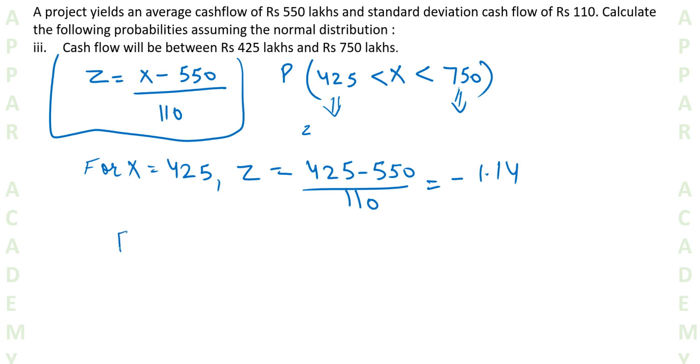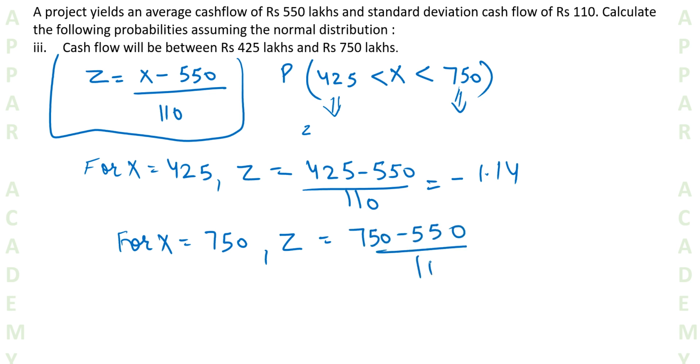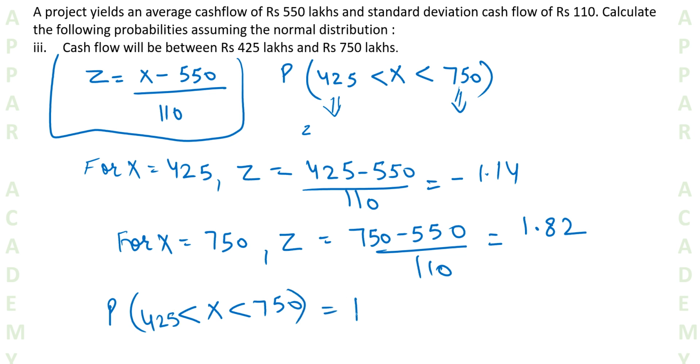And for x is equal to 750, z is equal to 750 minus 550 upon 110, that is 200 upon 110, which is 1.82. So the probability that x lies between 425 and 750 is equal to the probability that z lies between minus 1.14 and 1.82.